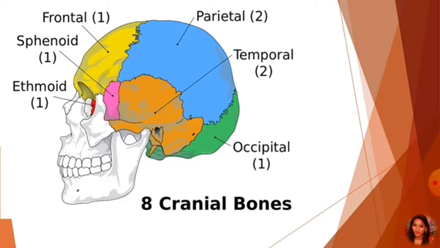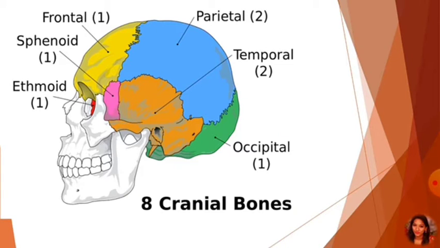As you can see over here, there is the frontal bone, that is 1 present on the front side, 1 sphenoid bone at the lateral side, 1 ethmoid bone inside the ear area and eye area.